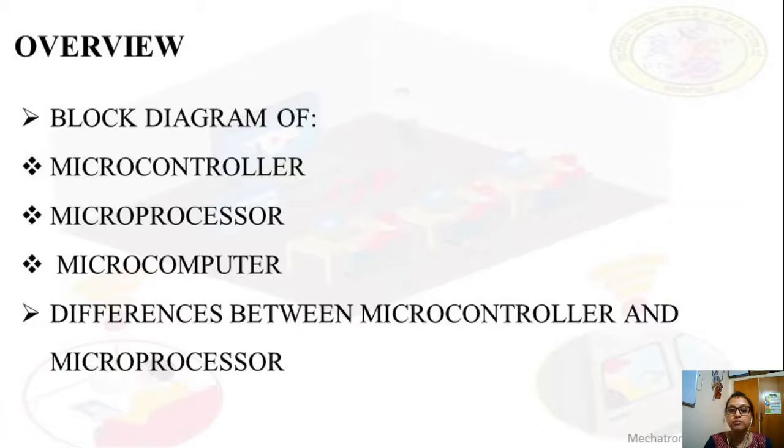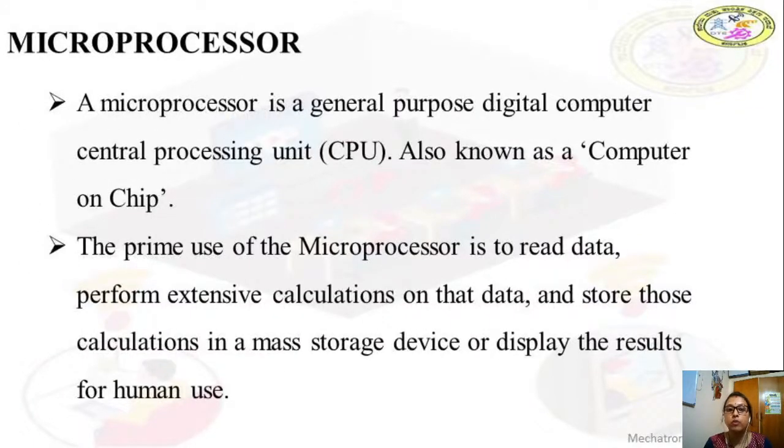So, coming to microprocessor, what is a microprocessor? We have heard the name processor, which we use in computer systems. That is a microprocessor. Why is it called a microprocessor? Micro means a small chip. So a microprocessor is a general purpose digital computer central processing unit.